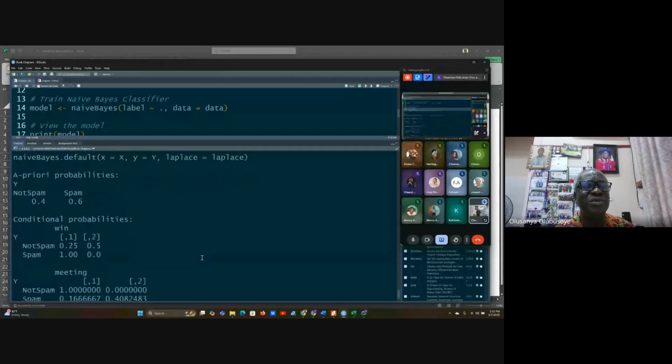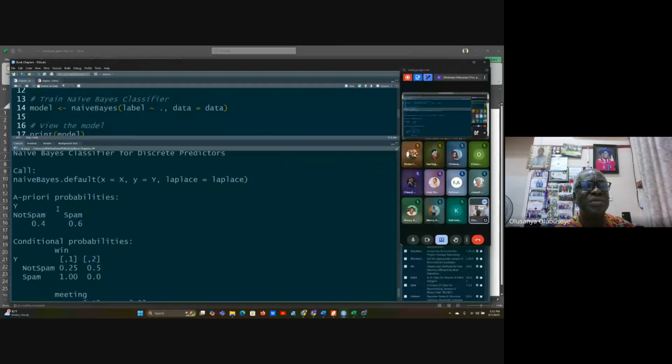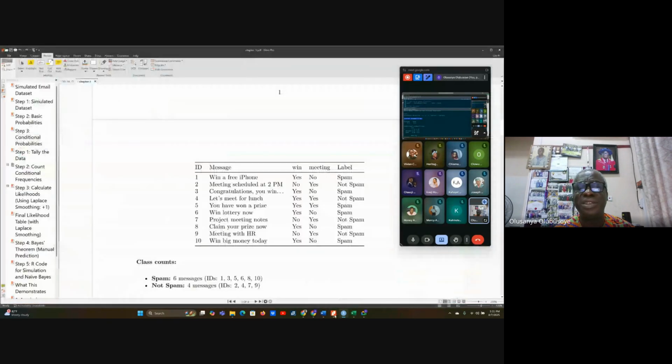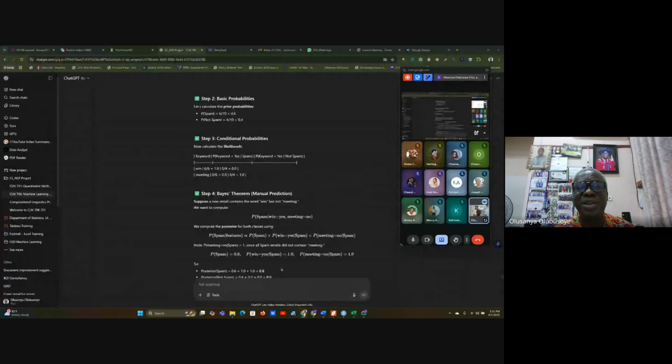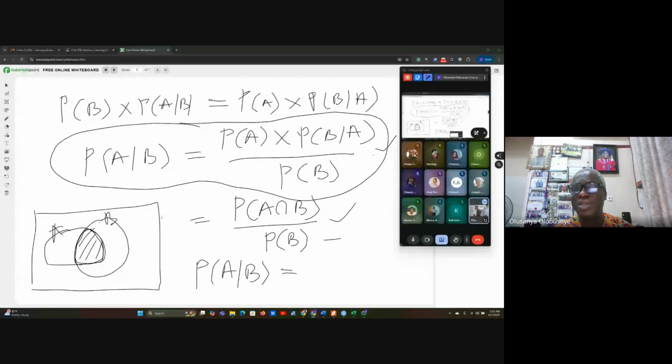First of all, you will see here the probability, which is in this case what we call the a priori probabilities. That reminds me of another very important concept that you might need to learn.